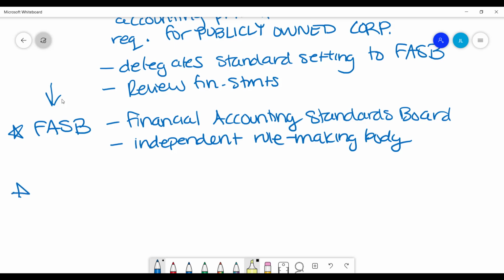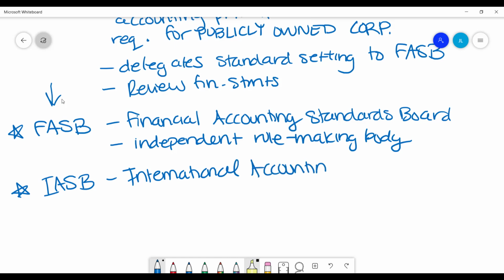Okay, and lastly is the IASB, which some of you might have guessed it, is the International Accounting Standards Board. Okay, so basically, FASB is specific to the United States. IASB, this is a London-based group.